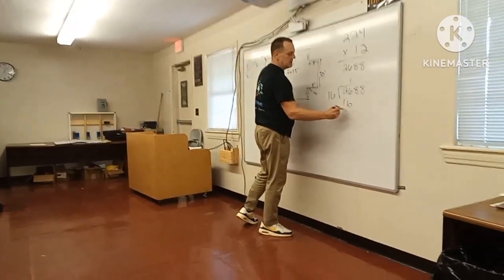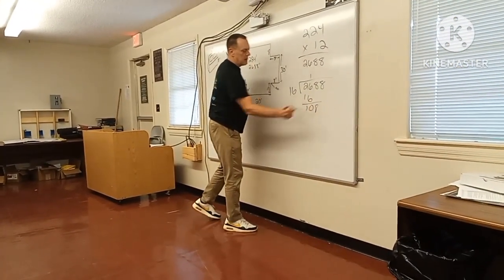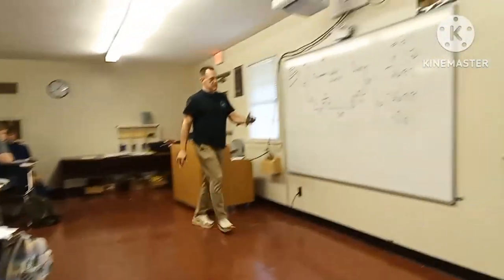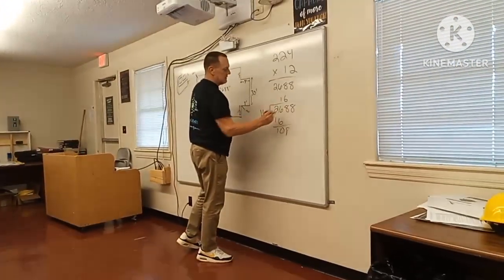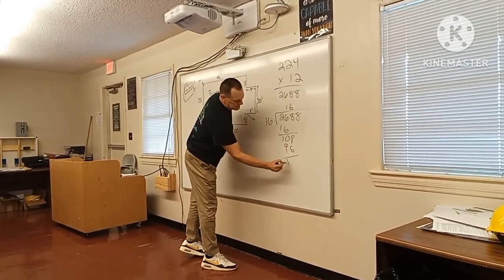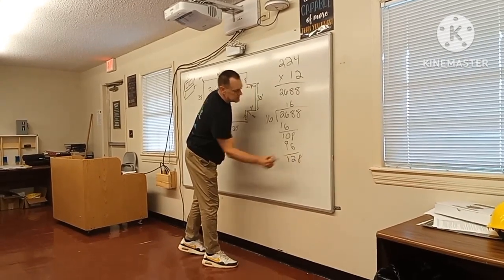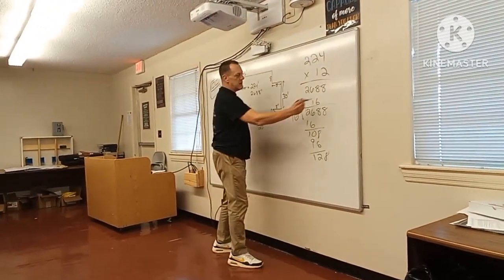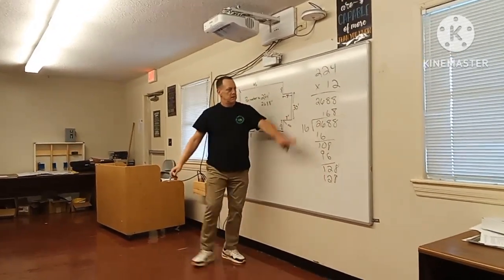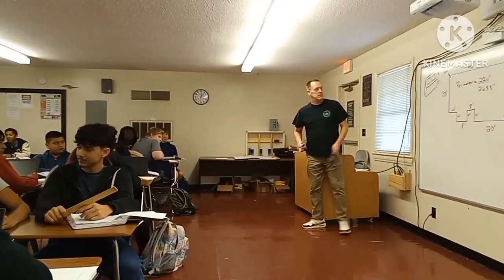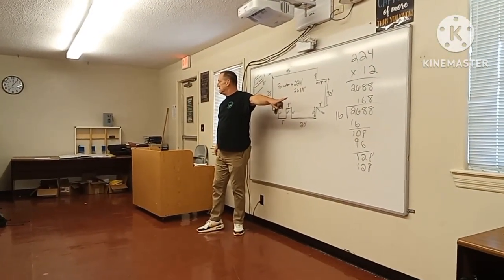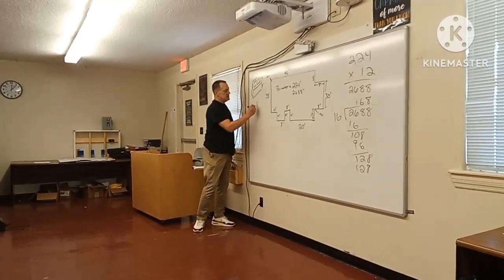Y'all work with me. 168. That tells us we need what? For one course, we've got to have what? 168 blocks. We've got to have 168 blocks.